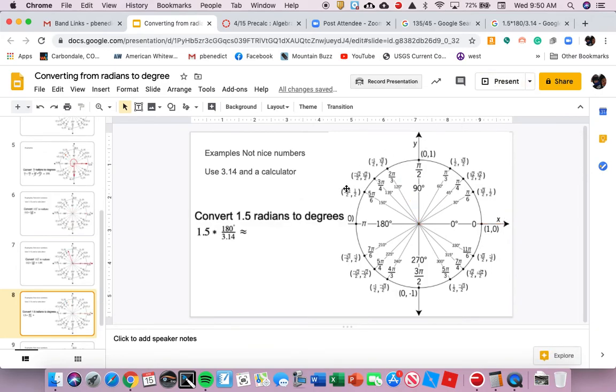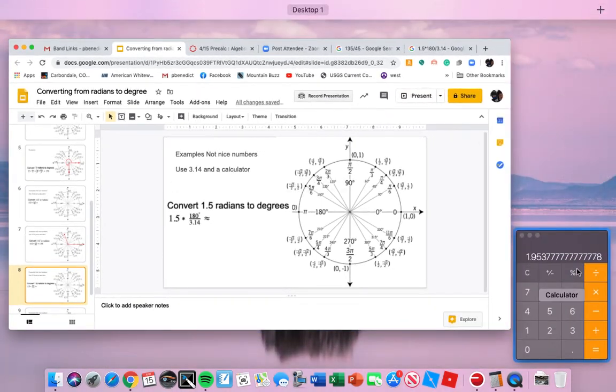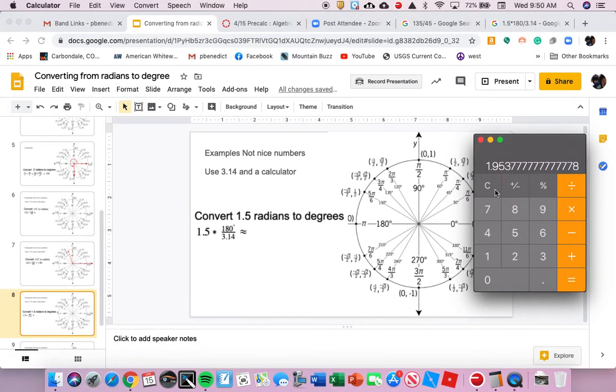Now, if I want to convert 1.5 radians to degrees, even though there's no pi sign, I know that it's radians, so pi is going to go in the denominator. Okay, and I can go back to my calculator, and I can say 1.5 times 180 divided by 3.14.